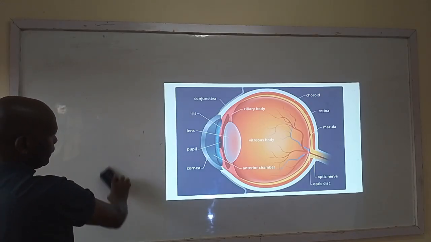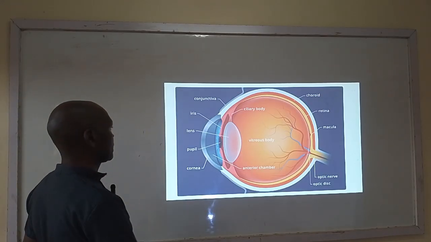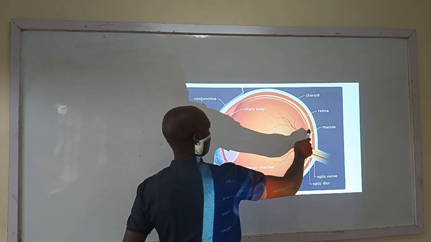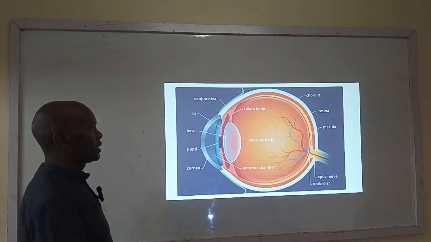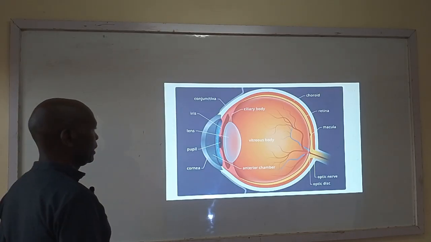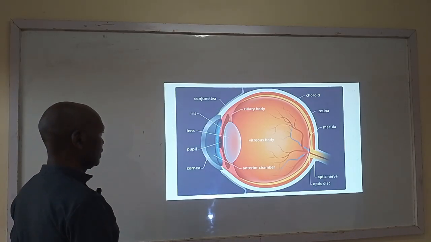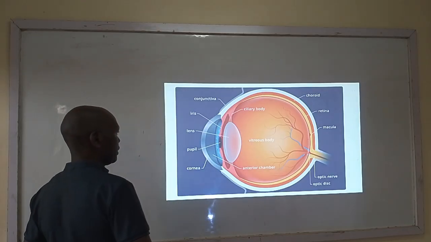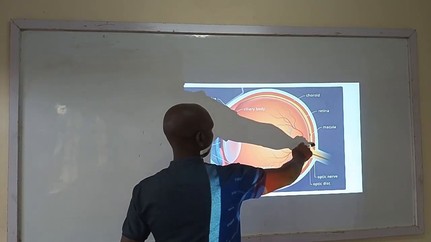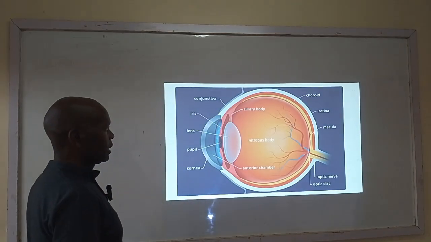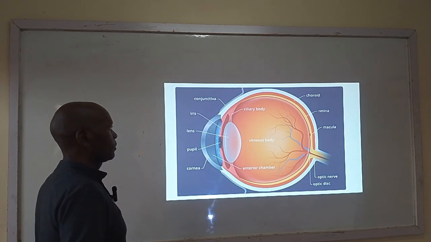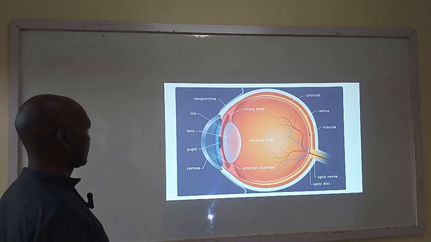The visual axis is from the center of the cornea all the way to the macula. Then the anatomical axis of the eye is an imaginary line from the center of the cornea all the way to the central point of the globe. So there are 2 different axes.